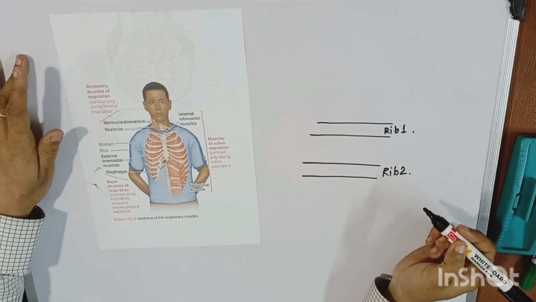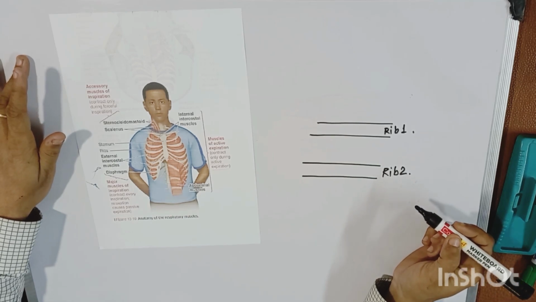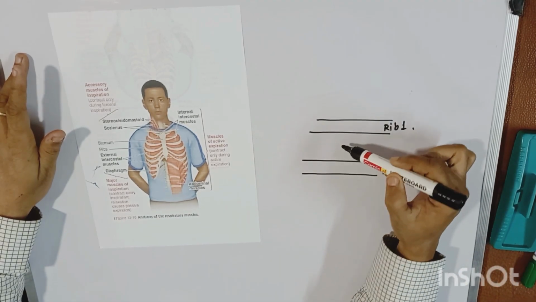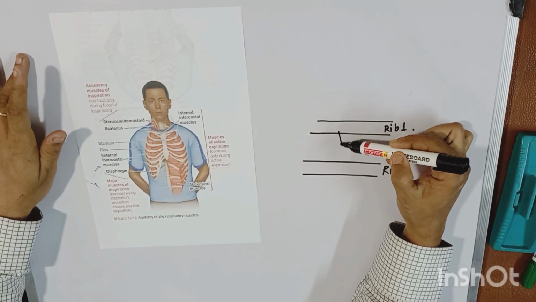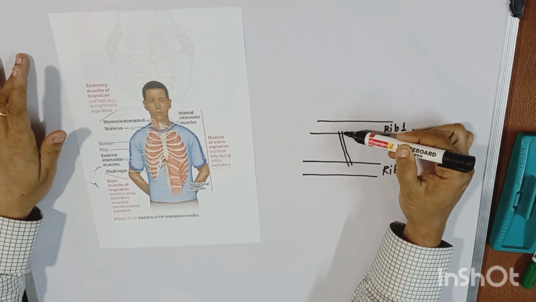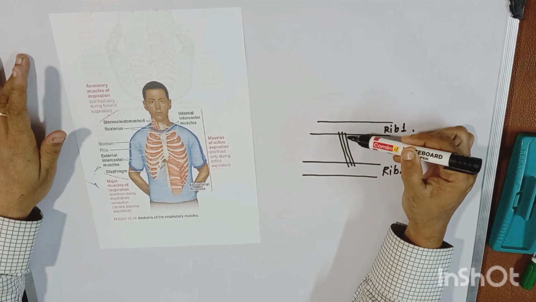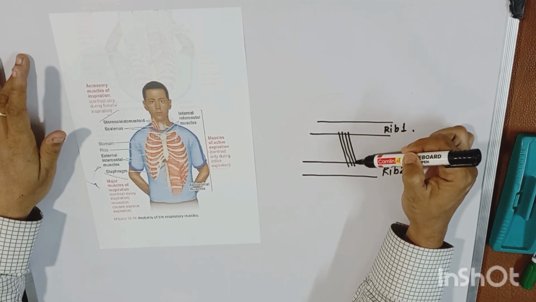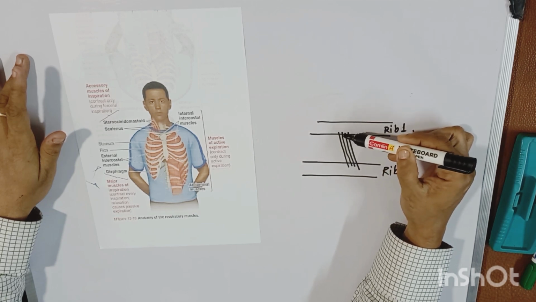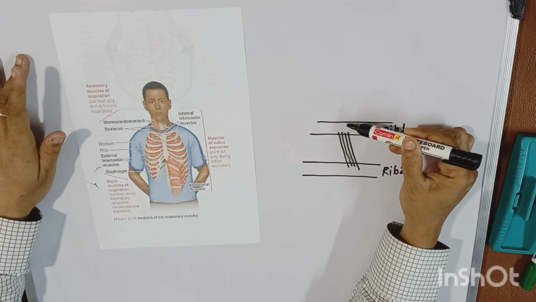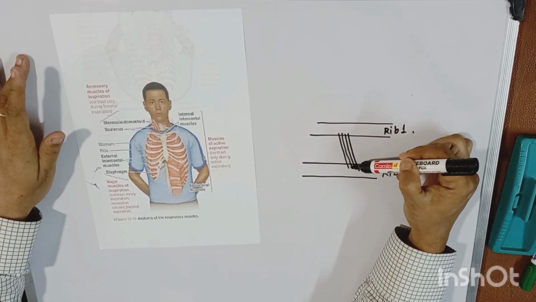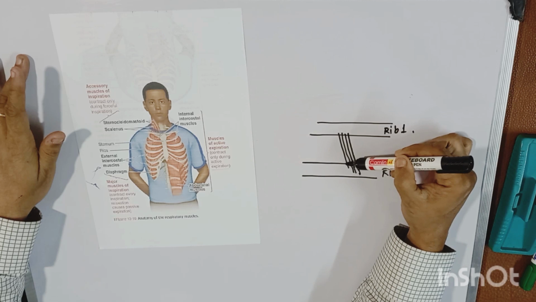So how these muscles are placed is actually different. These muscles are placed obliquely. So in case of the external intercostal muscles, these muscles come from the backward of the upper rib and join the frontal portion of the other rib.